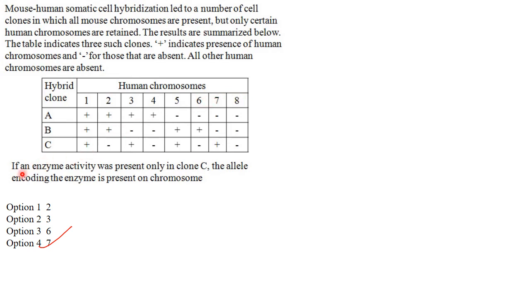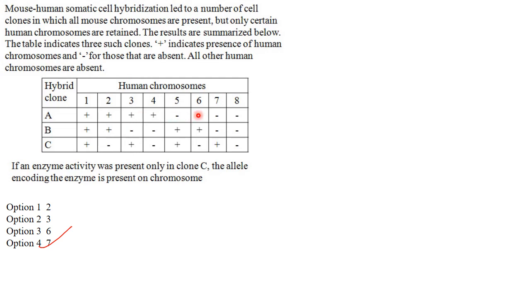If an enzyme activity was present only in C clone, the allele encoding the enzyme is present on which chromosome? So now they have asked for enzyme activity which is present only in C but not in others. If you take option 1, 2, it is present in both A and B. Then 3, it is absent in B but present in A and C. It should be C alone, so that is also not possible.